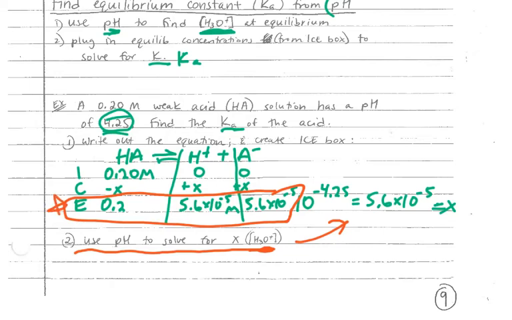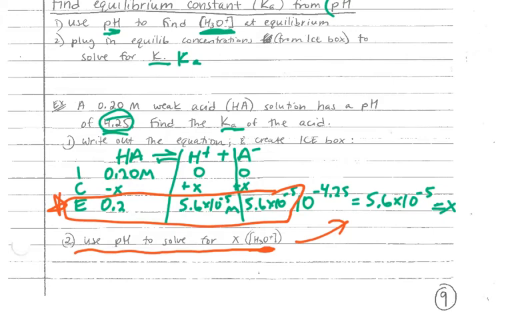So now we're going to use these values and plug them in. I'm going to do it right here, but you might want to do it on the next page. Step 3 is to plug the equilibrium concentrations into the equilibrium constant expression.